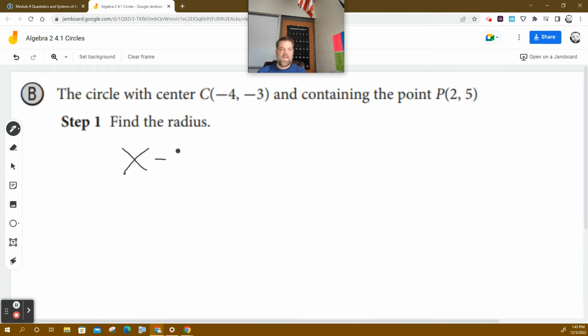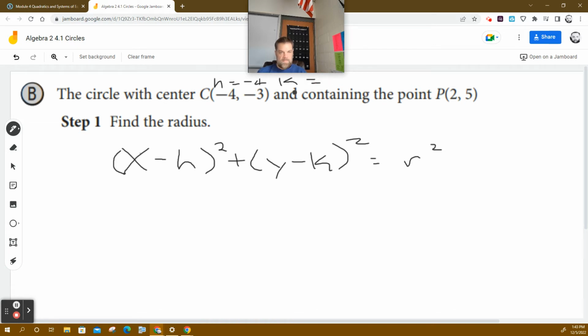The equation of a circle is (x minus h) squared plus (y minus k) squared equals r squared. And they're telling us that h is equal to -4 and that k is equal to -3.